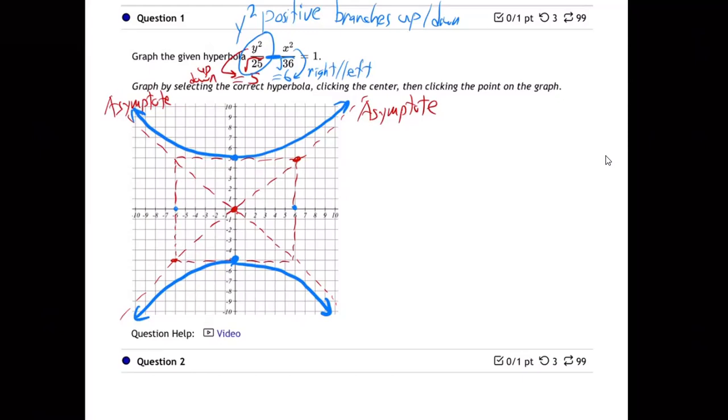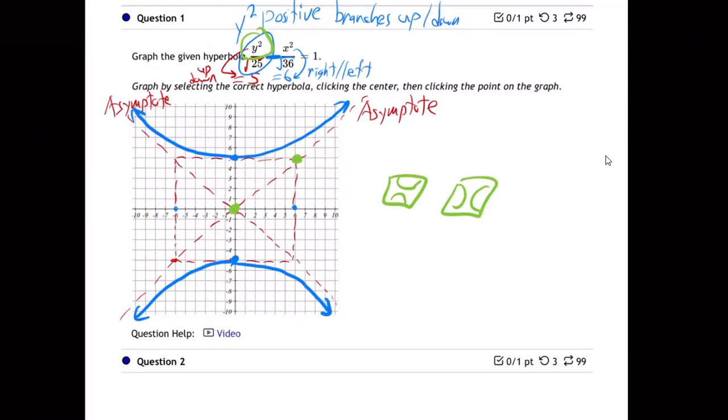Now, when you use the program to graph, it'll have you click on the center and then click on the upper right of your box. Oh, first you have to choose. So there's two tools. You have to choose if you want branches up, down, or if you want branches right, left, that depends on whatever's in the front. Y squared's up, down.